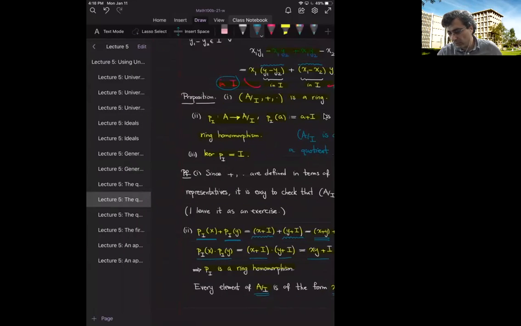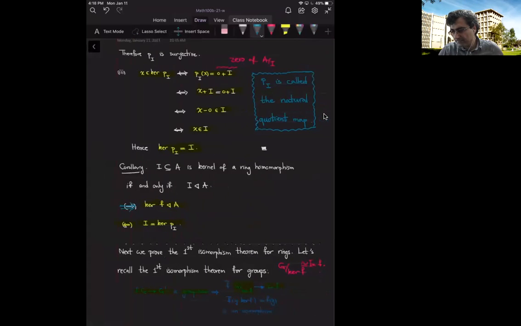But what do we know about the kernel of P sub I? x belongs to the kernel of P sub I if and only if P sub I of x is the zero of the codomain, zero of A over I, the zero of the quotient ring of A by I. The zero of the quotient ring is the coset that's represented by zero.